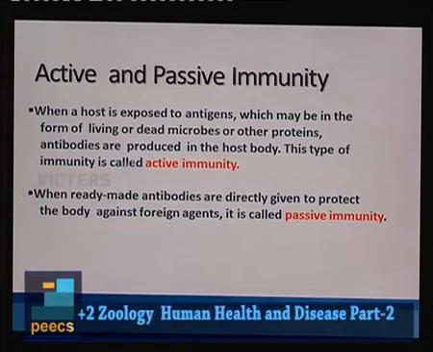But we can also say that active immunity is long lasting, or it will have a long term effect. But when you consider passive immunity, it is short lived because when antibodies are used up, then the immune system will decline.